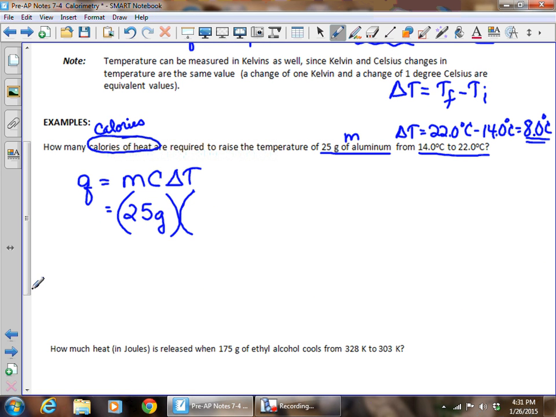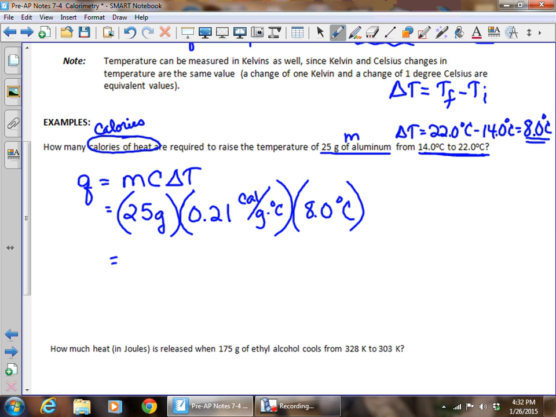Since they gave it to us in degrees Celsius, we're going to write this down as 0.21 calories per gram degree Celsius. If they'd given us Kelvin, we would have put Kelvin there. Remember, the unit change is the same. The change in temperature is 8.0 degrees Celsius. We just figured that out.